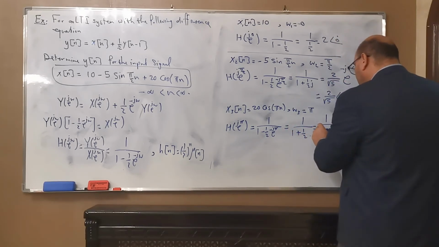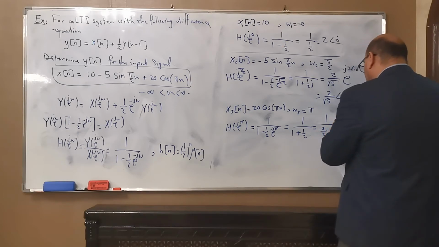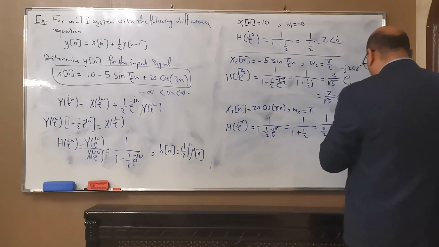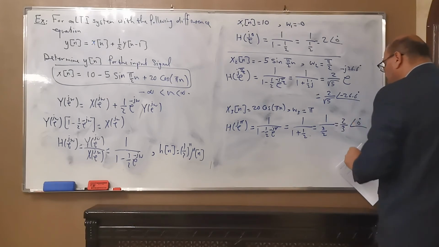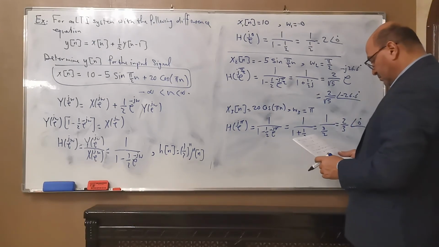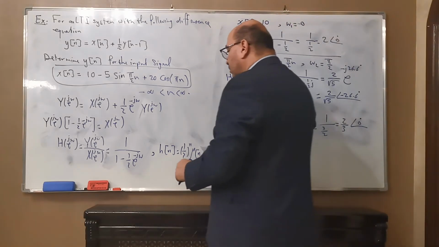So 1 over 3/2, this equals 2/3 with an angle 0.